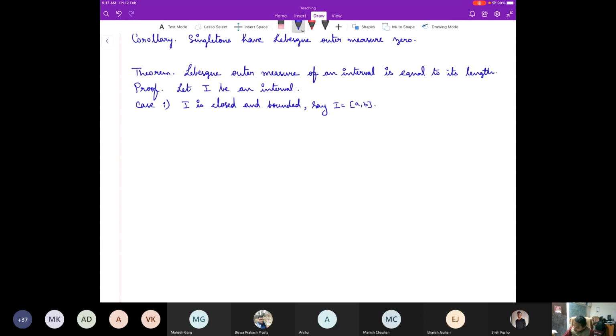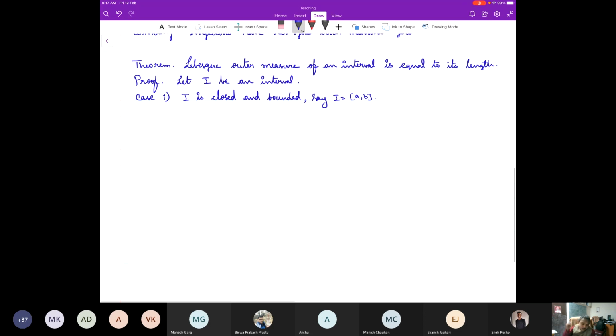So we are going to show that m star of I is equal to b minus a for this closed and bounded interval. As usual, let's start with an epsilon positive. Let epsilon greater than 0.